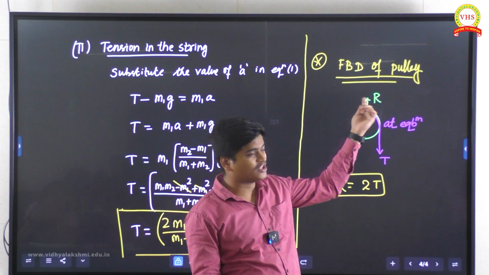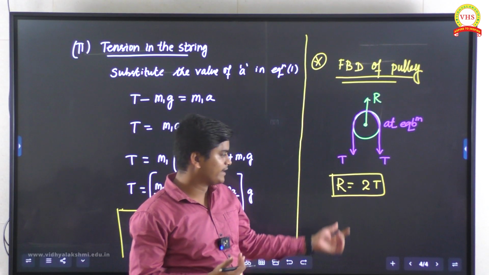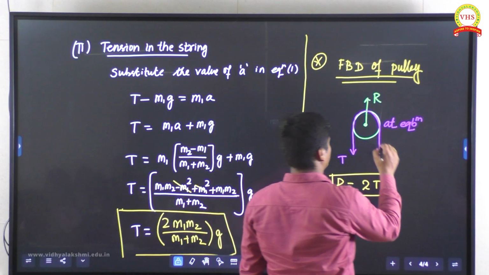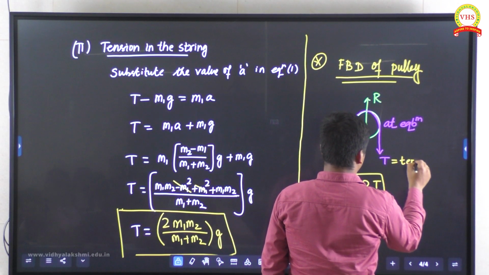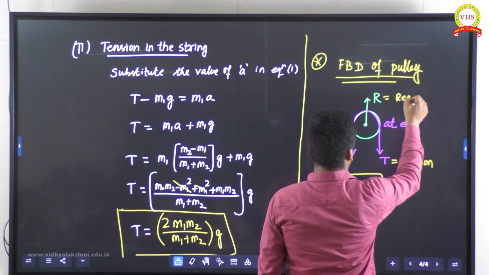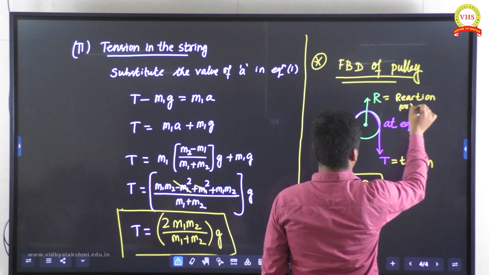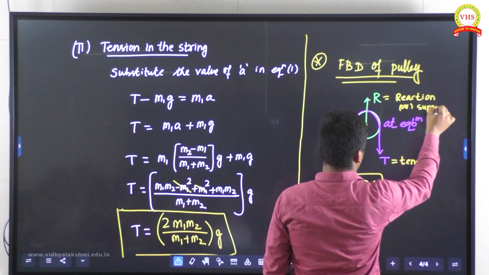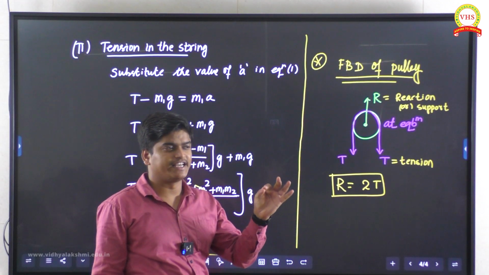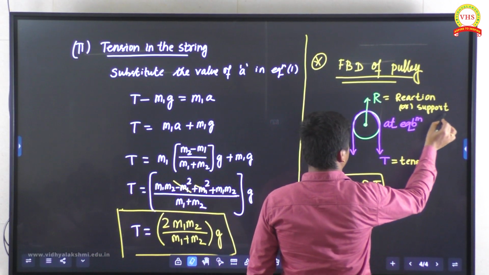If you want to find the reaction given by the pulley, it is nothing but 2T, 2 times T. R is the reaction, this is the tension. You can call it the reaction or support, the support by the ceiling. Anything you can call it, remember this.